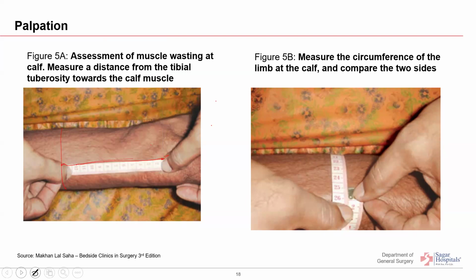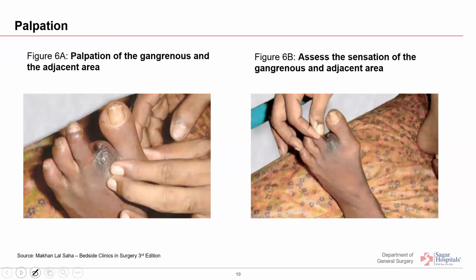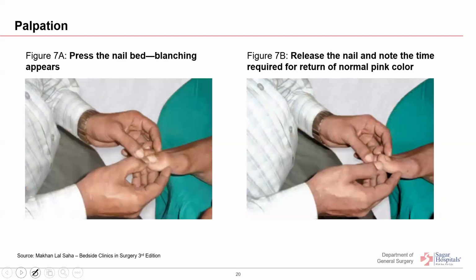Then moving on to the other things, you need to describe the gangrenous area, and basically the sensations around the area. When you talk about any peripheral arterial occlusion, it should always involve the distal neurovascular status. So you need to look for the capillary refill time. And what is the normal capillary refill time, Ainas?